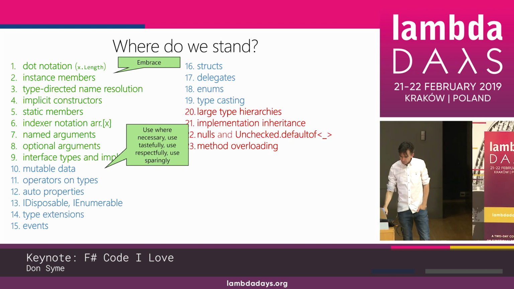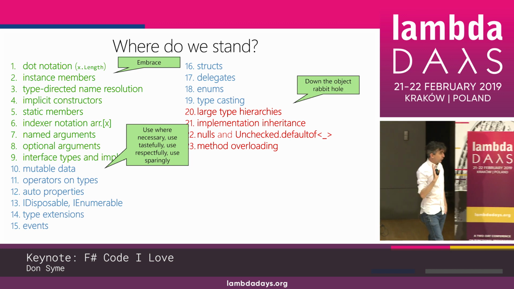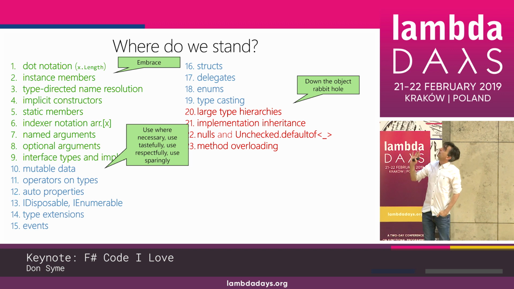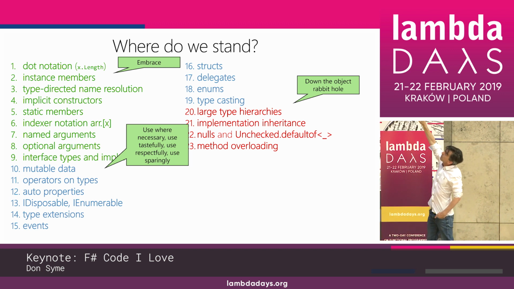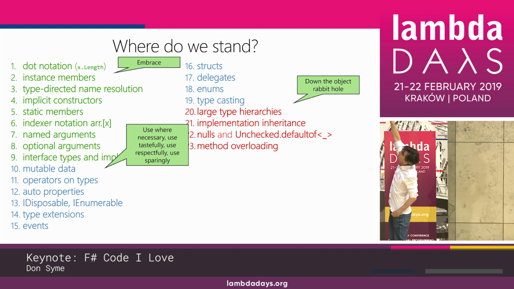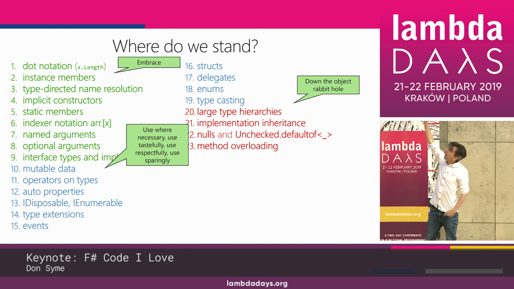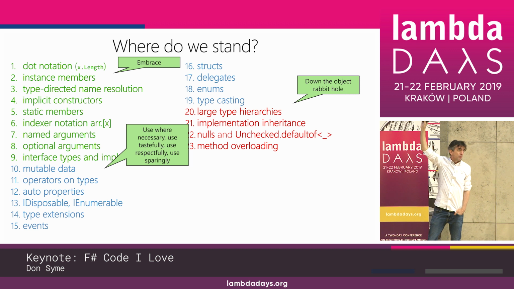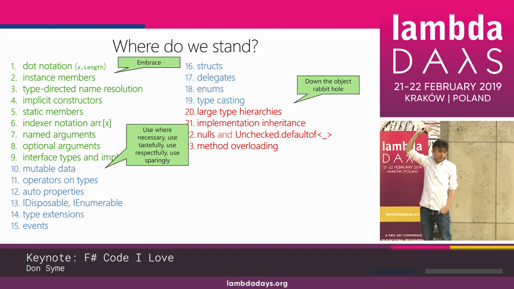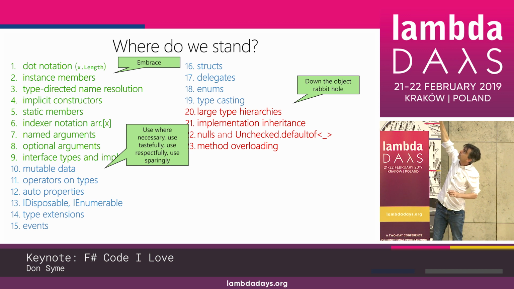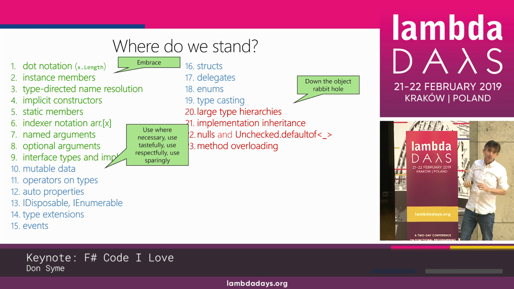Then there's a set of things which you don't do, which are going down the object-oriented rabbit hole. Okay? And that means large type hierarchies, implementation inheritance, nulls, and method overloading. You can do those in F#, but you don't. They're heavily de-emphasized in the F# world, and you pay quite a large penalty syntactically in your F# code, deliberately, when you start doing these things.